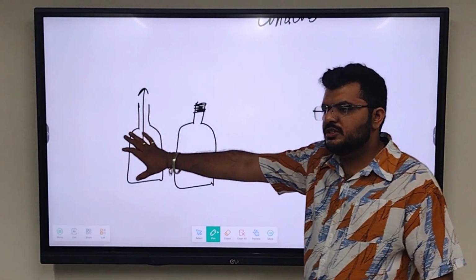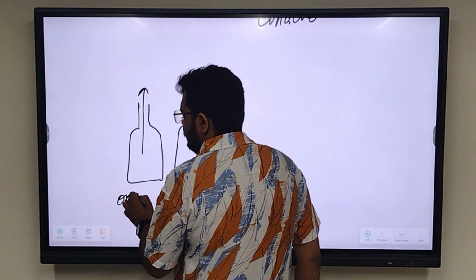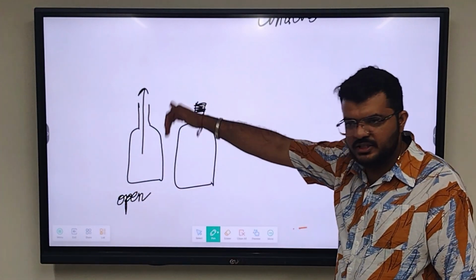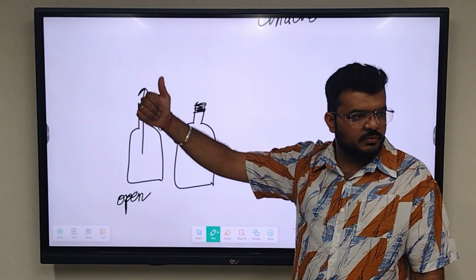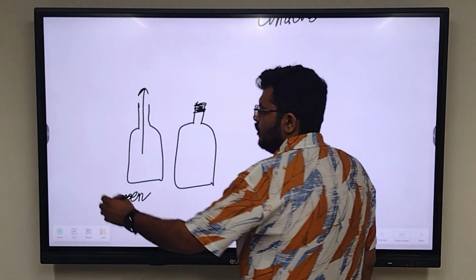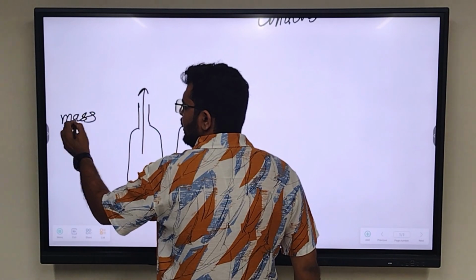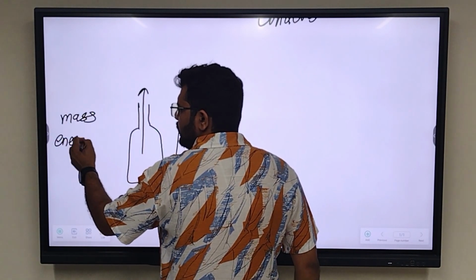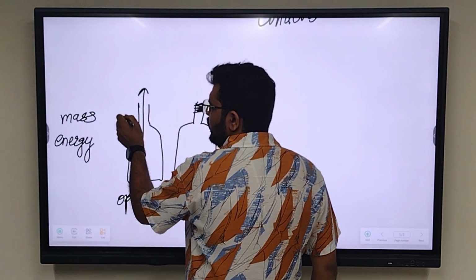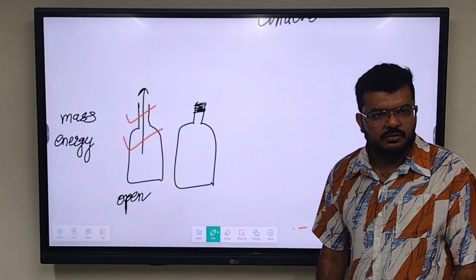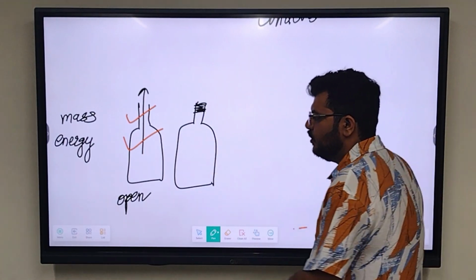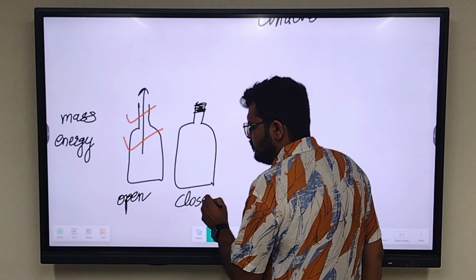Here, so what is this? This is an open system by the way, where energy can also come in and go out, particles or mass can also transfer. So if I talk about mass and energy, mass can transfer in an open system, energy can also transfer. But if you look at a closed system, why is this a closed system?